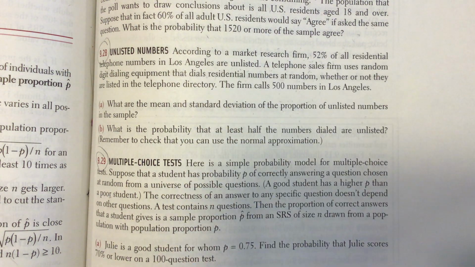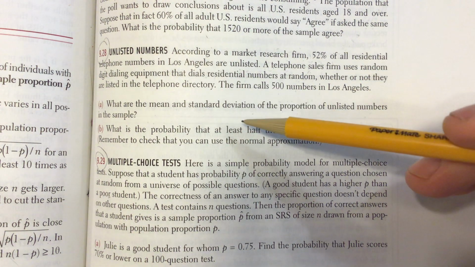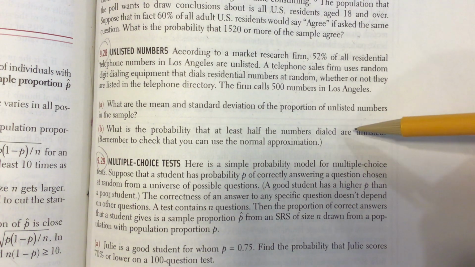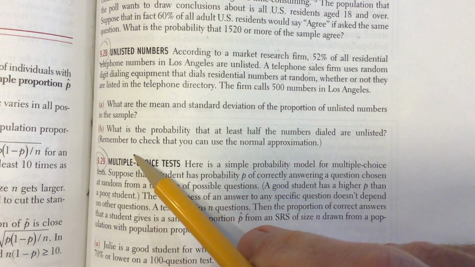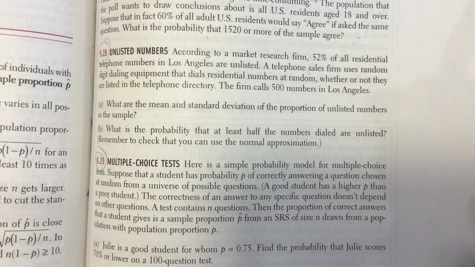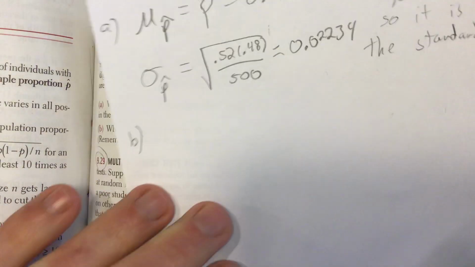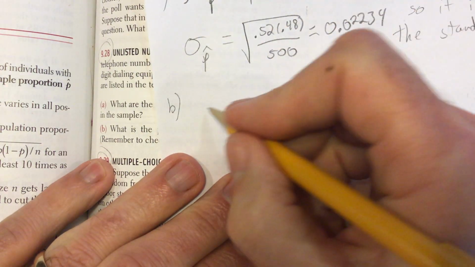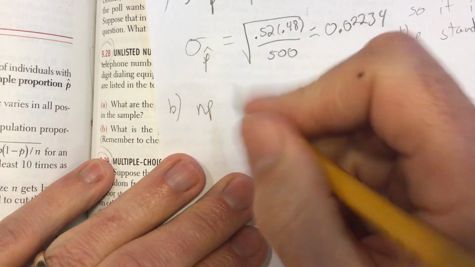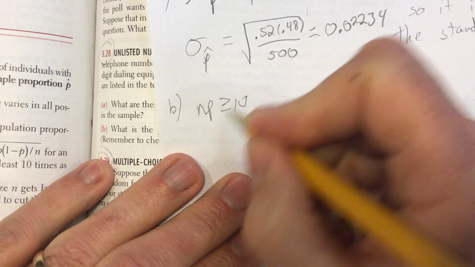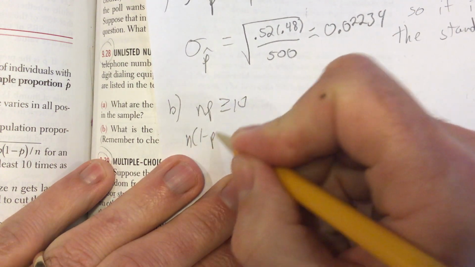Part B. It's the probability that at least half of the numbers dialed are unlisted. And look at this. Remember to check that you can use the normal approximation. Okay, so here we go. n times p, n times 1 minus p.